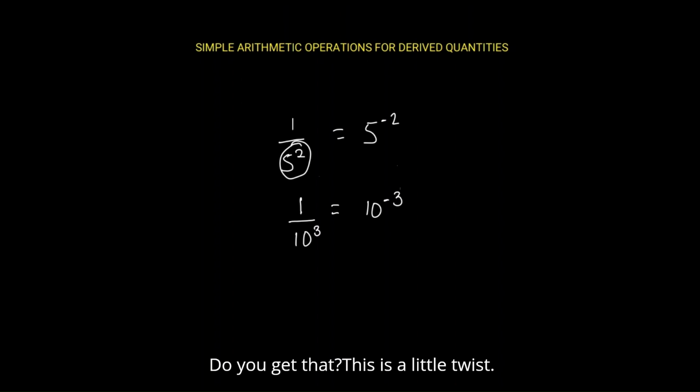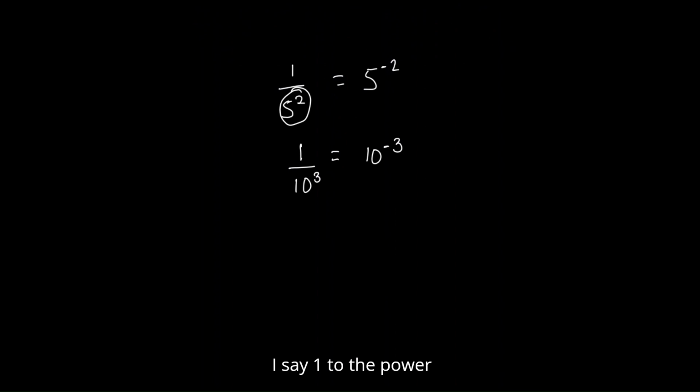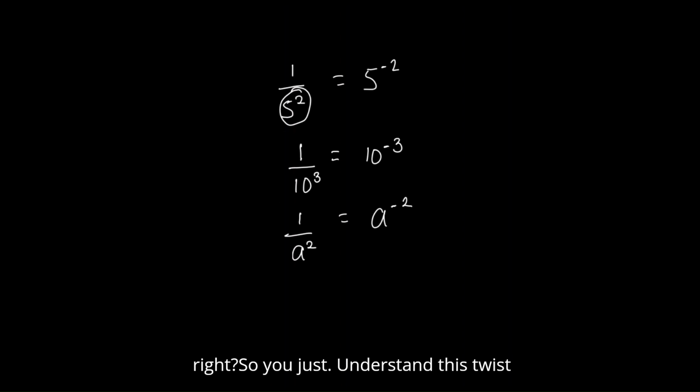Do you get that? This is a little twist you just have to understand here. Now, if I say 1 over a squared, this is also a to the power of negative 2, right?